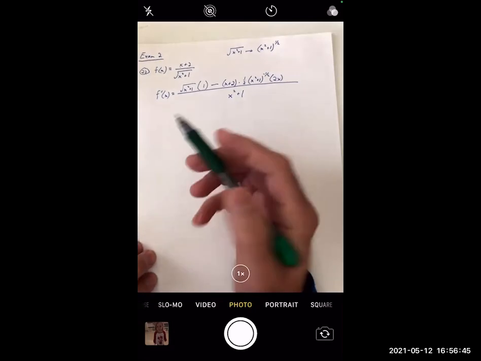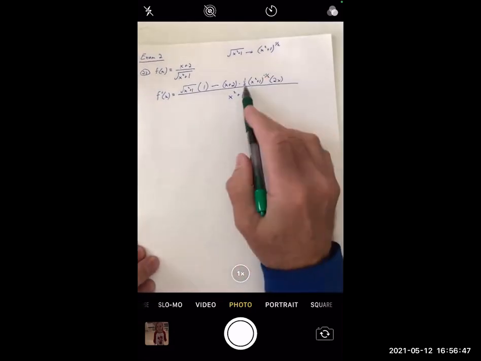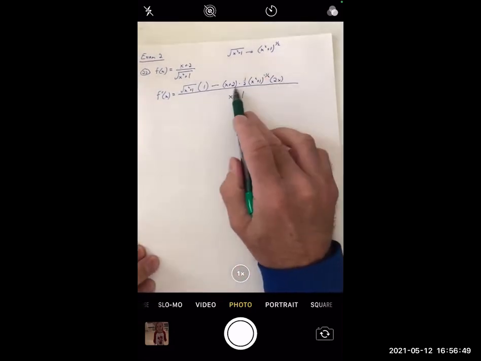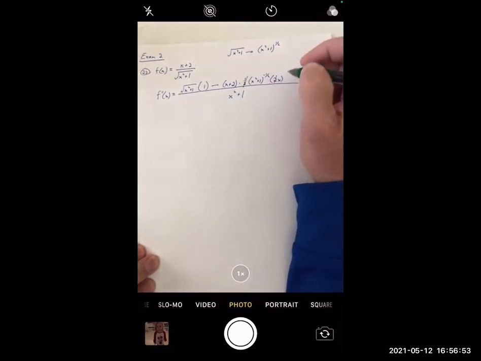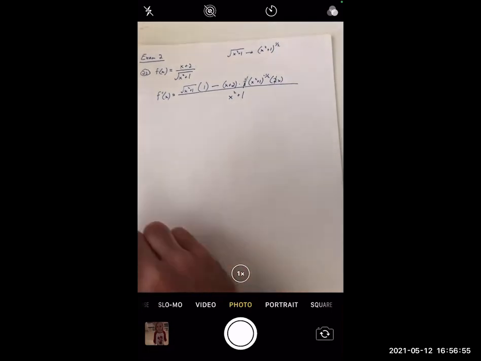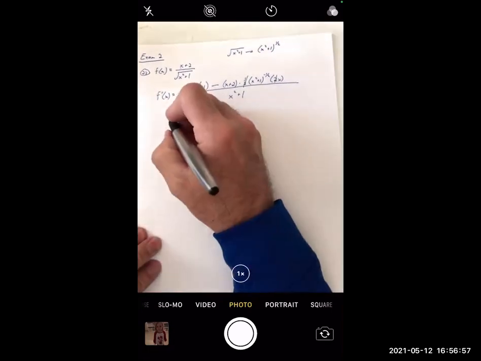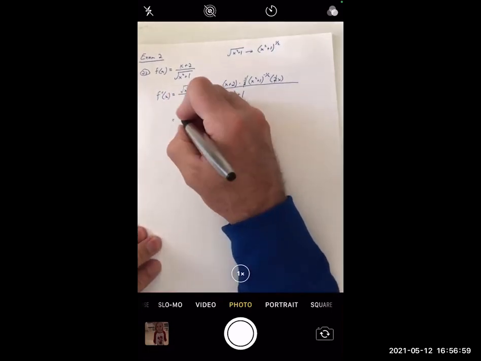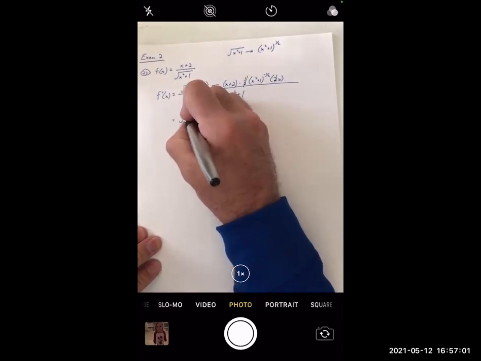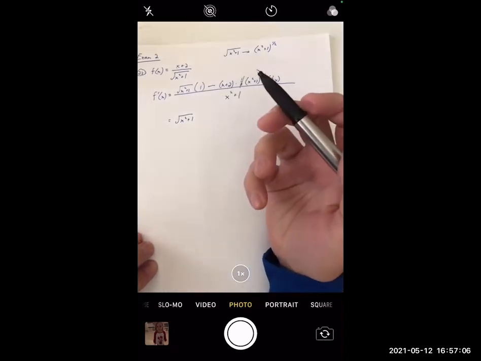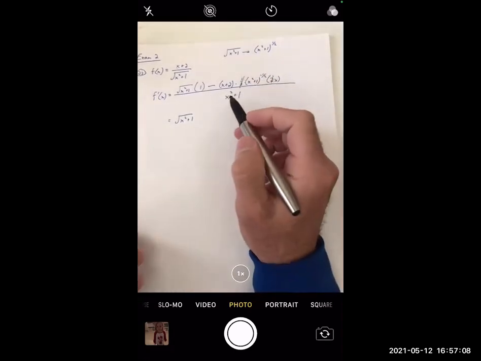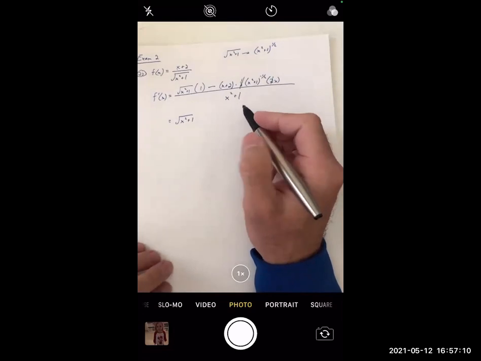Okay, so now we have to try to simplify it. So over here, something we can automatically do is just cancel out the 1/2 and the 2. And then it's just a matter of preference on what you're going to do from here.